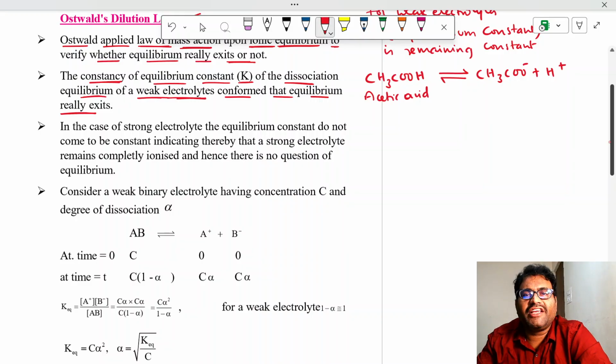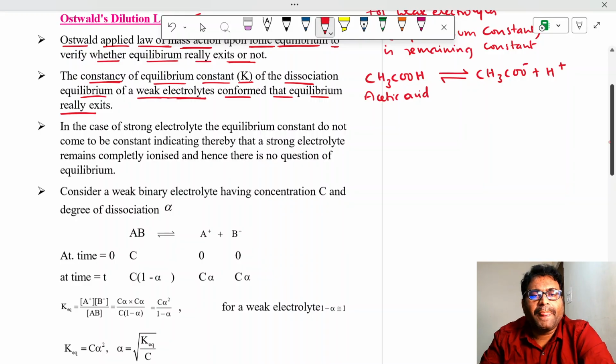Equilibrium can be obtained only in the case of reversible reactions, not irreversible reactions. That means whenever we find a weak electrolyte, we have to see that both forward and backward reactions occur and an equilibrium exists after a certain time. Okay, so let us see.